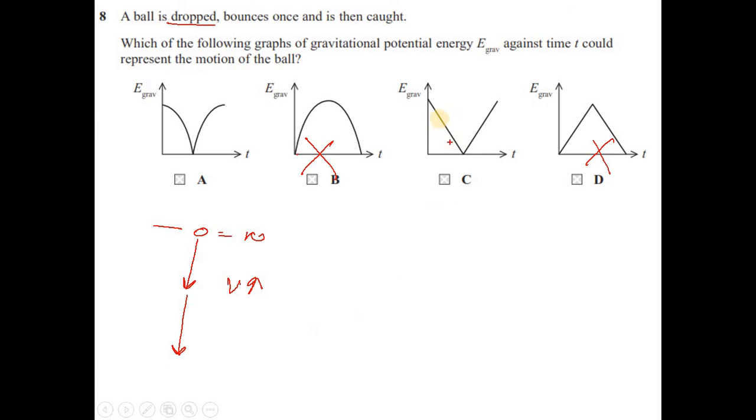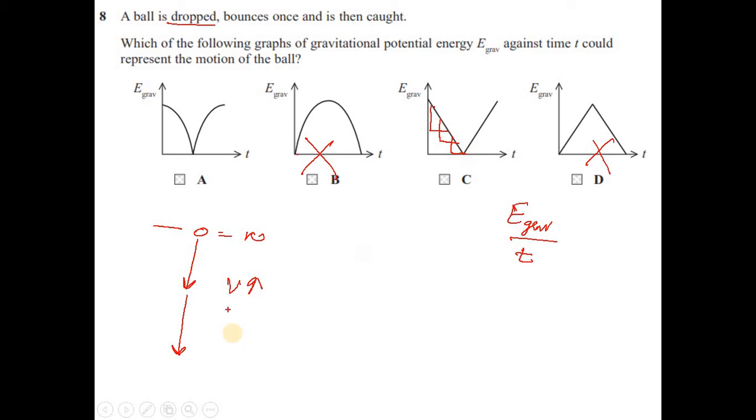In graph C, the rate of change means you find the gradient. Gradient means E grav divided by T. This is the rate of change of gravitational potential energy, which is constant throughout. That means gravitational potential energy is decreasing with a constant rate.